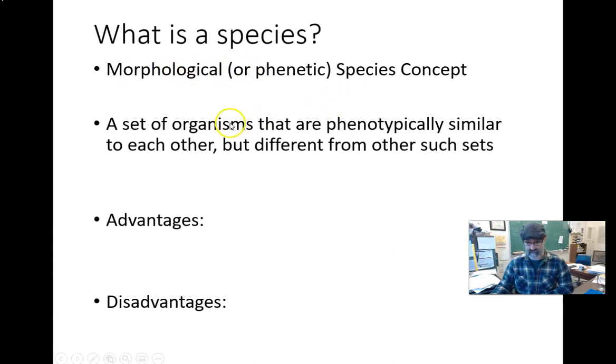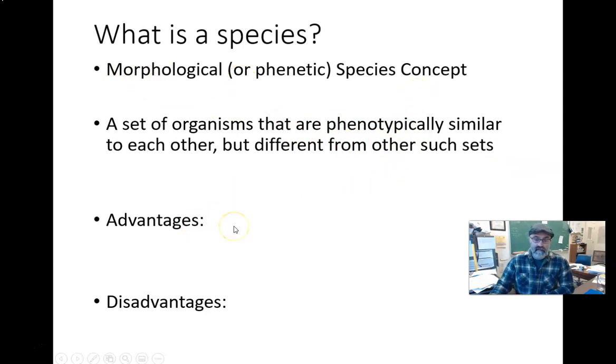But it goes beyond that, because really anything that is phenotypically based, if that differs consistently within a group of organisms compared to another group of organisms, can be used to define a morphological species. It could be internal morphology, bone structure, soft tissue type things. Anything that is phenotypic can be part of this morphological species concept.